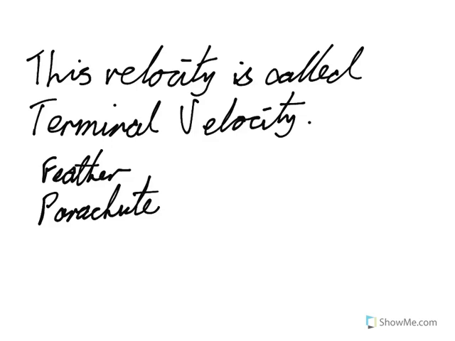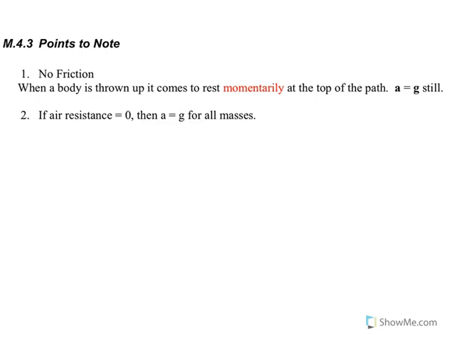All right, so a couple of points to note then about our free fall that we were talking about. All right, so no friction, so no air resistance. So it says there, when a body's thrown up, it comes to rest momentarily at the top of the path. All right, so here we are at the ground, got a ball or something, and we throw it up, and that ball will go up, and then it will come back down.